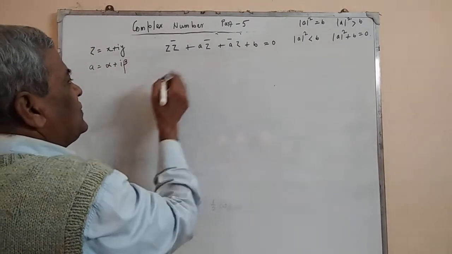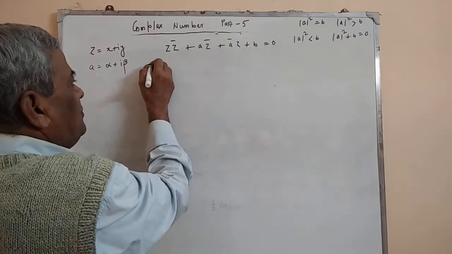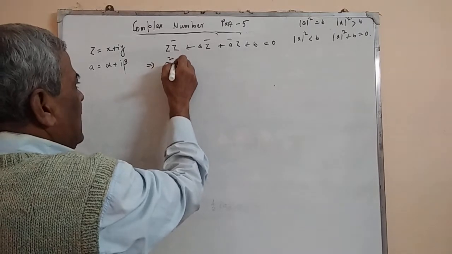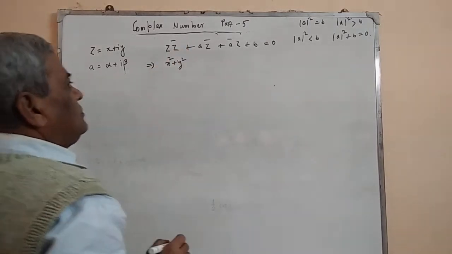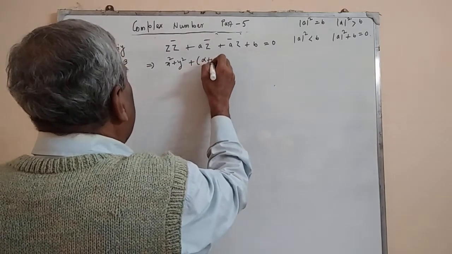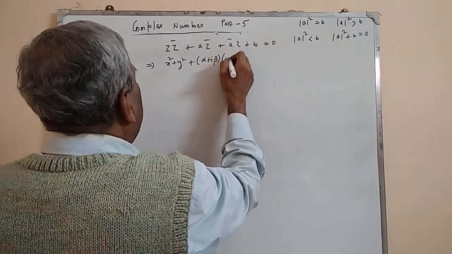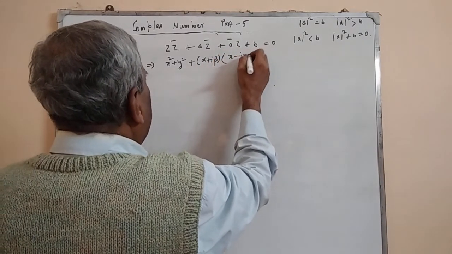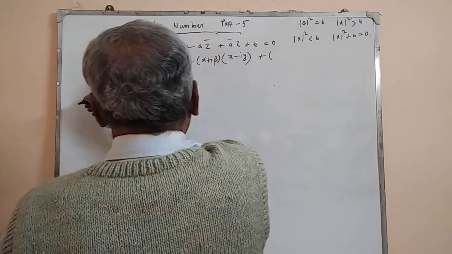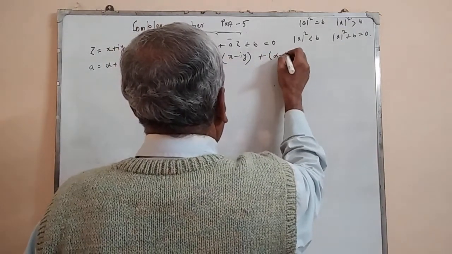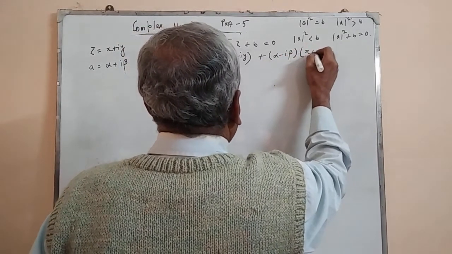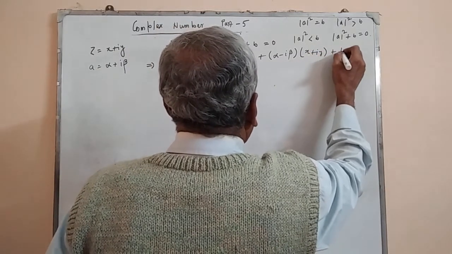Therefore z times z bar is equal to x square plus y square. Then a z bar, a means alpha plus i beta, into z bar which is x minus iy, plus a bar, which is simply alpha minus i beta, into z, x plus iy, plus b is equal to 0.